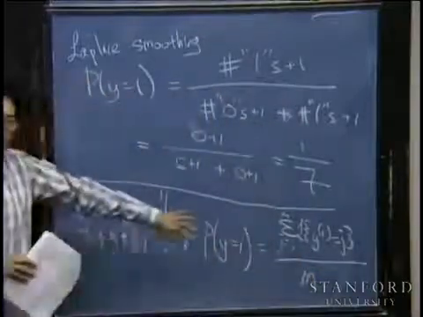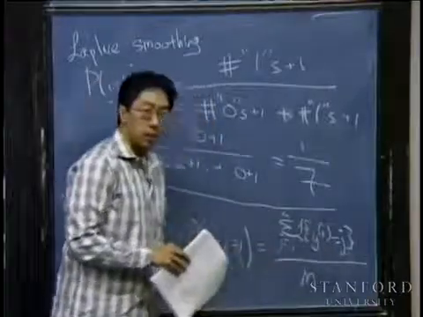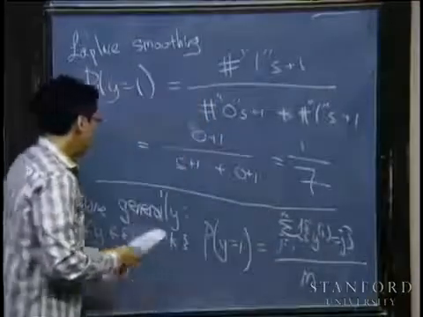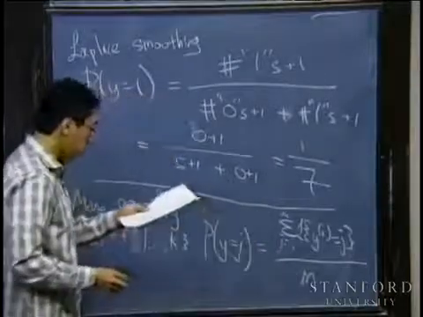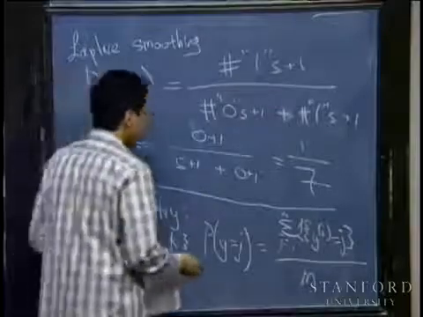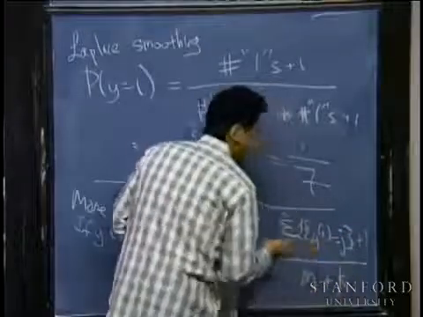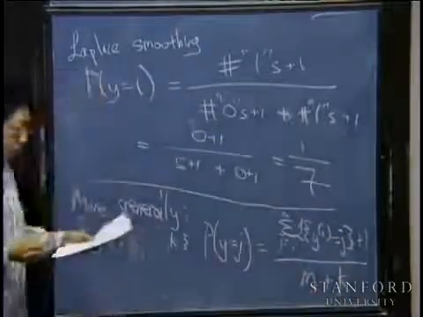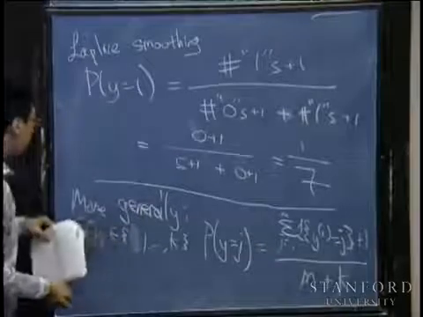That's the maximum likelihood estimate for the probability of y equals j. When you apply Laplace smoothing to that, you add 1 to the numerator and add k to the denominator if y can take on k possible values. Okay?